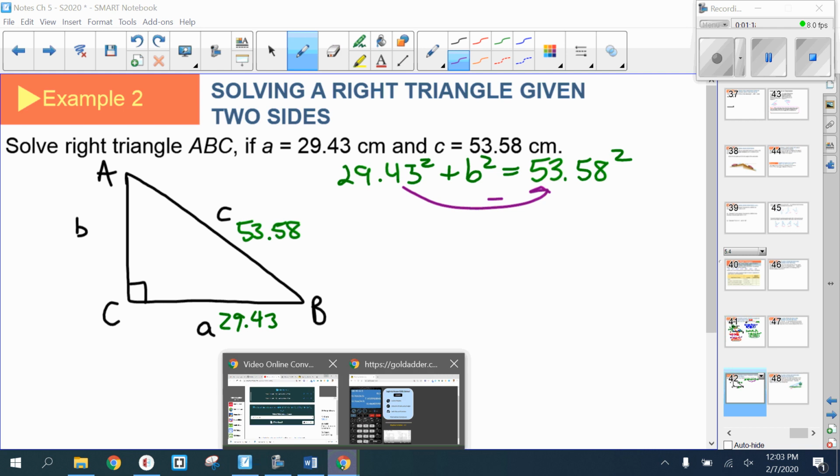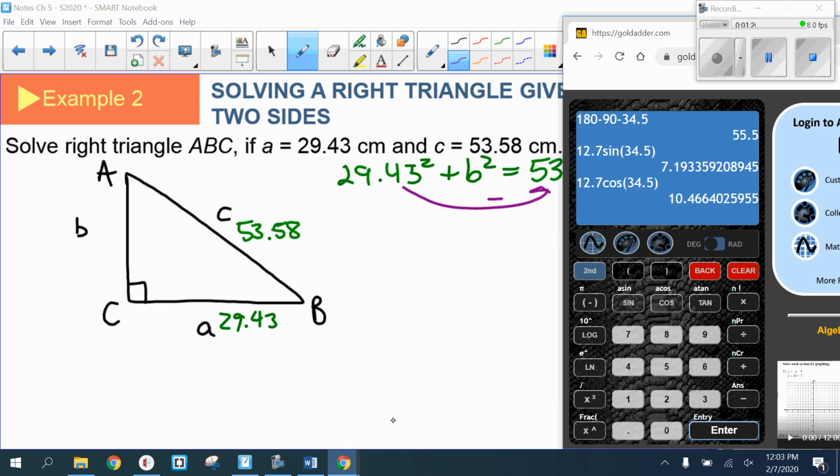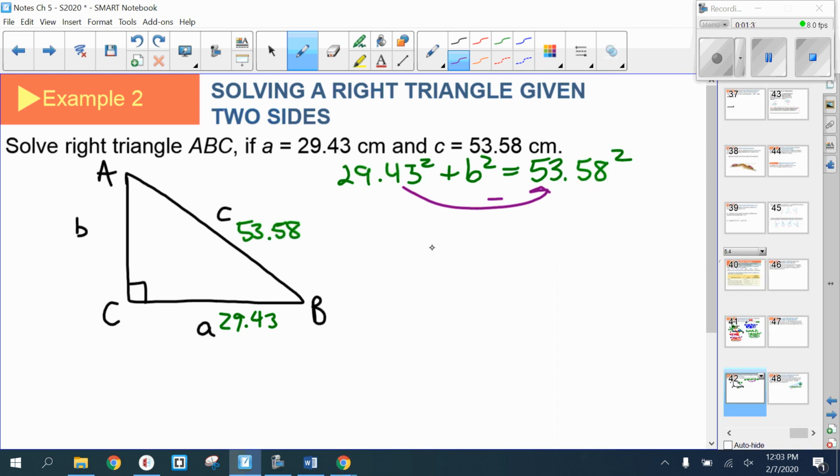You're going to subtract that over, and what was it? 53.58 squared minus 29.43 squared, 2004.6915. You're going to have b squared equals 2004.6915.